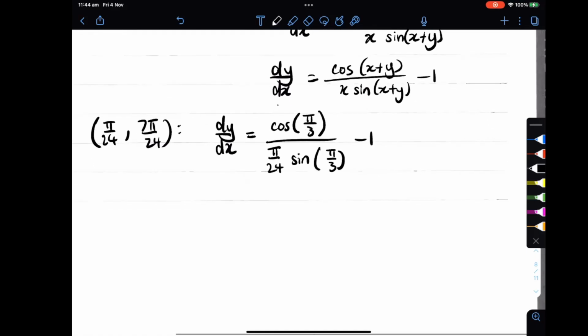Alright, so what happens there is we're going to get cosine of pi on 3, that's a half. Then sine pi on 3 is root 3 over 2.